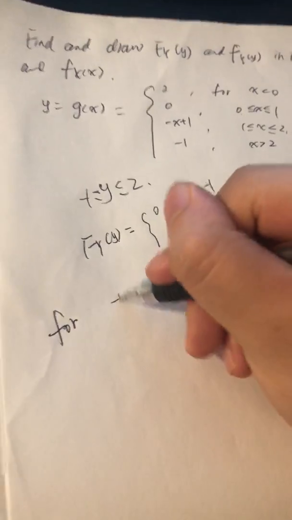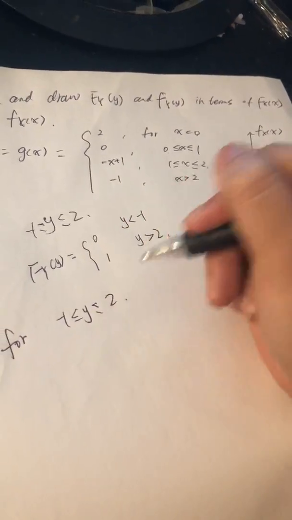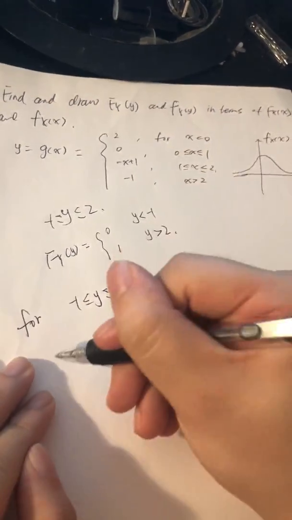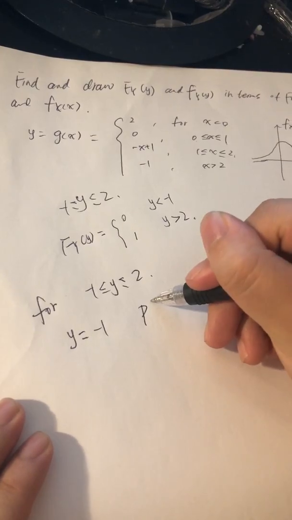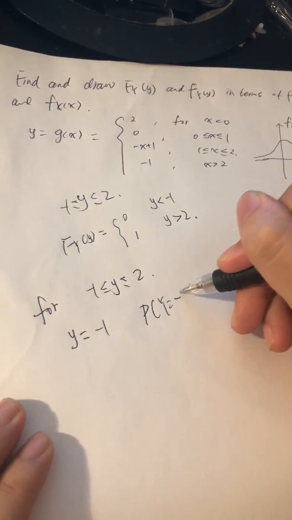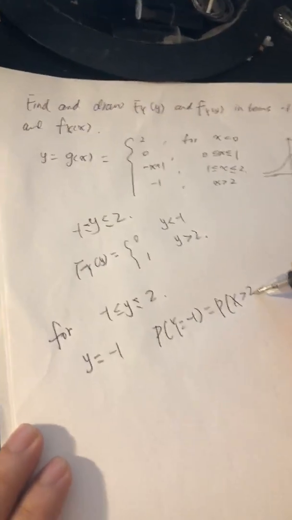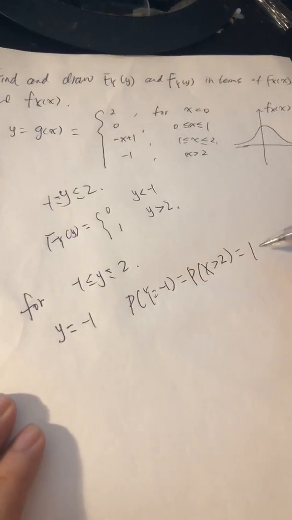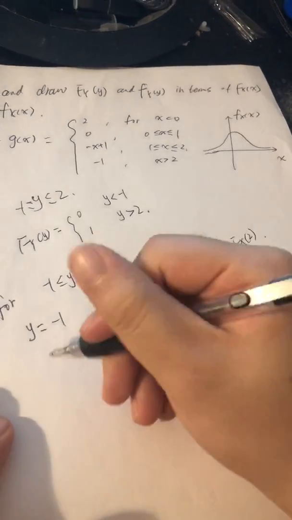For y from negative 1 to 2, when y equals negative 1, the probability of Y equals negative 1 equals the probability of X greater than 2, which equals 1 minus F_X(2).